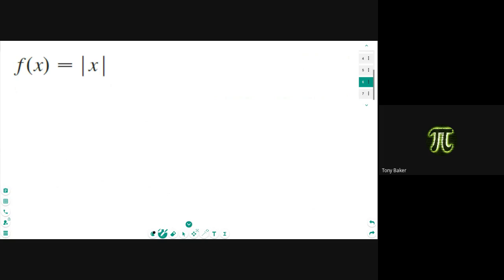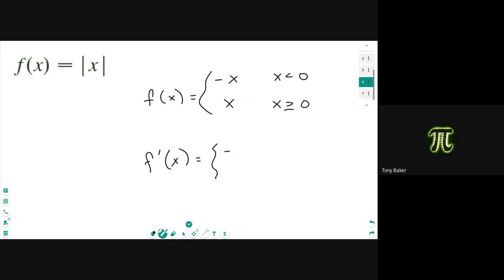So this function is really negative x when x is less than 0 and x when x is greater than or equal to 0. So the derivative is -1 when x is less than 0 and 1 when x is greater than 0, and it does not exist when x equals 0.